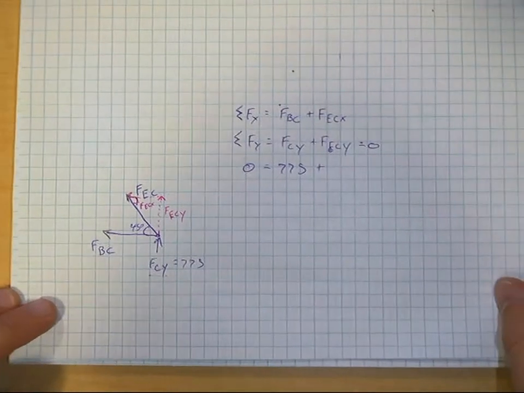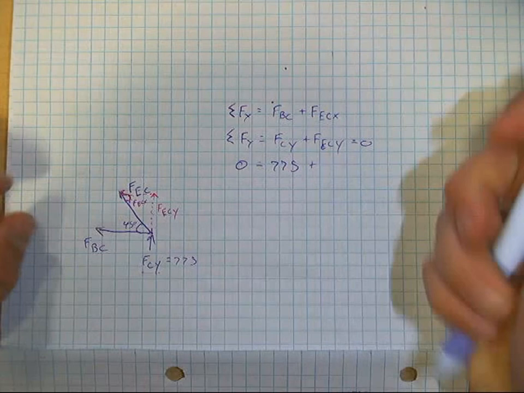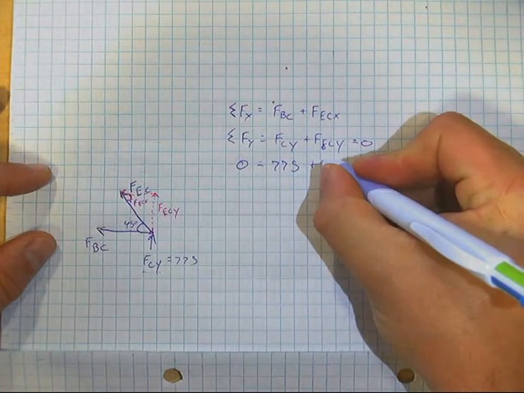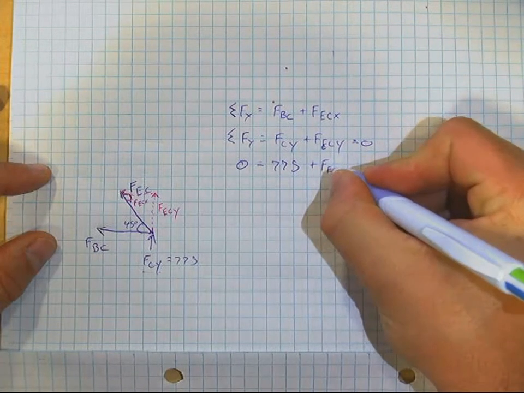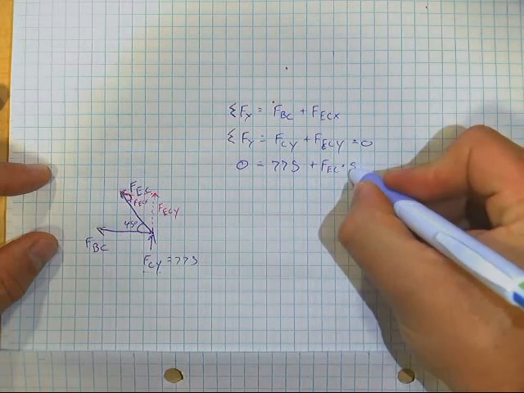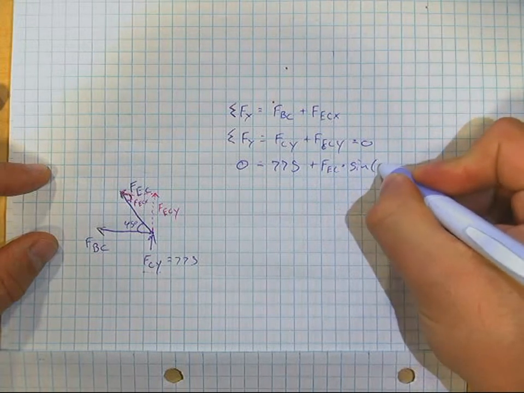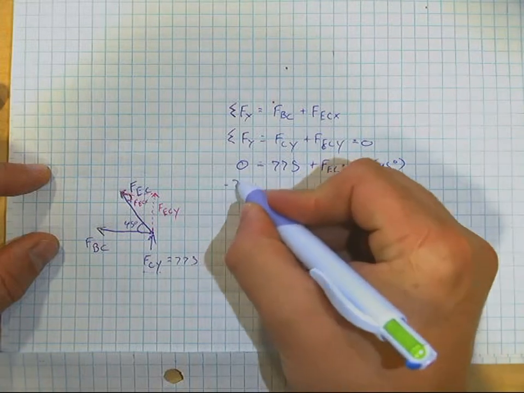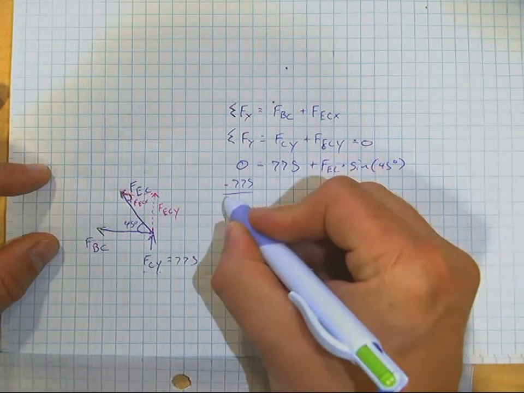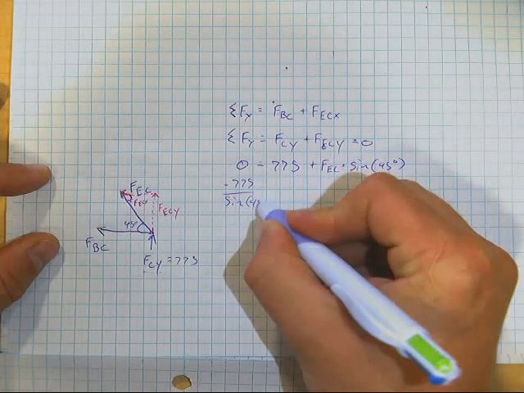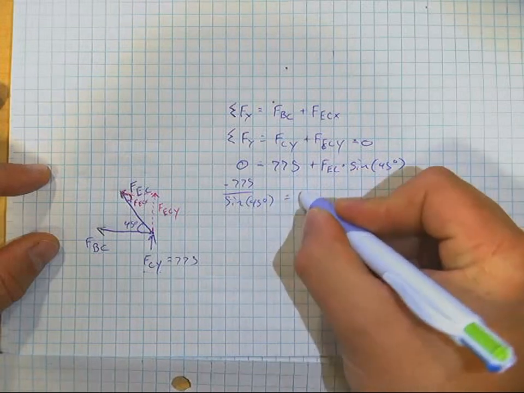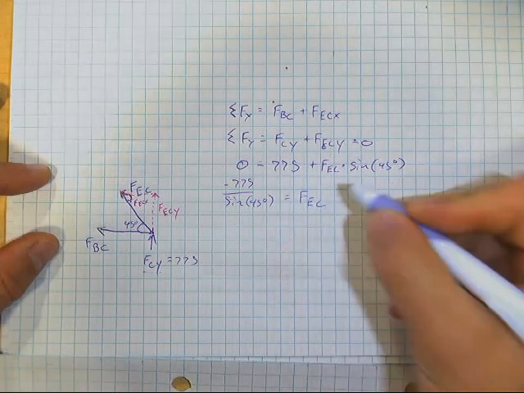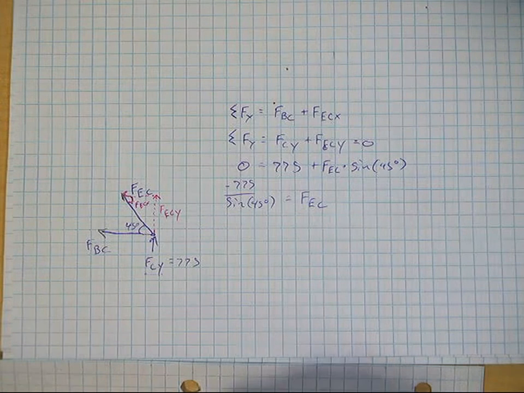All right. So we're going to state it in terms of sine. So we have FEC times the sine of 45 degrees. That's going to give us negative 775 over the sine of 45 degrees. It's going to be equal to FEC. Okay, so we're going to do the math on that as quickly as possible here.